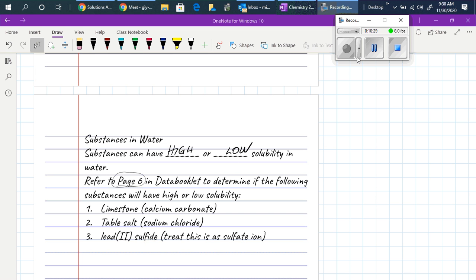So in this case, when we have the calcium carbonate, what we will do is we will go to carbonate, which is CO3, and then we will see calcium. So for group 1 ions and for NH4 plus, it is soluble, but for most of them it is not soluble. So that means that calcium carbonate will be low solubility.